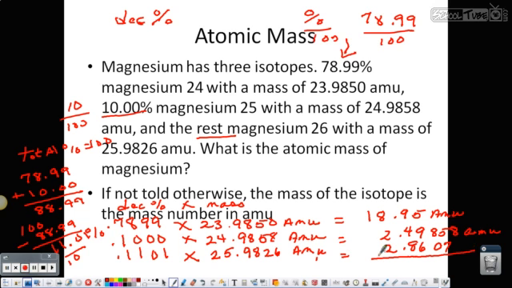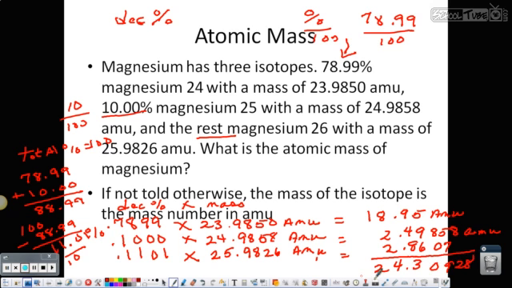Alright, now we're going to add those numbers: 18.95 plus 2.49858 plus 2.8607, enter, and it equals 24.30928.